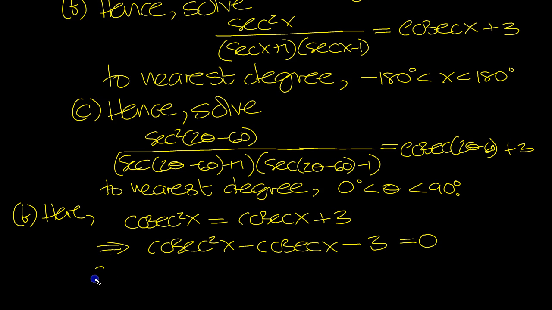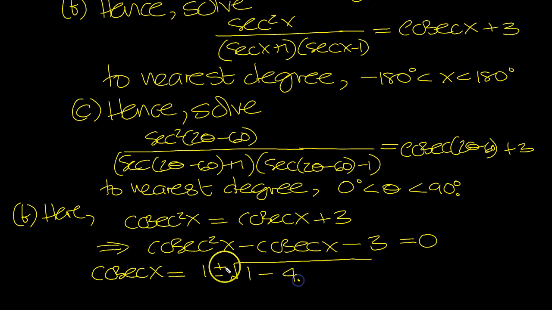So we've got a quadratic in cosec x, so cosec x equals minus b, which is 1, plus or minus the square root of b squared, minus 1 squared is 1, minus 4 times a, which is 1, times c, which is minus 3, so that makes that a plus, put 3, all over 2a, 2 times 1.